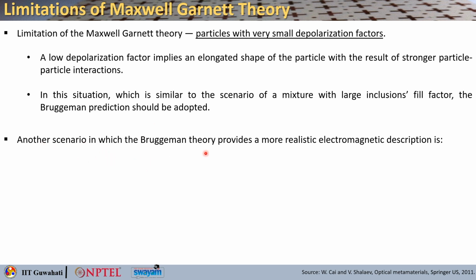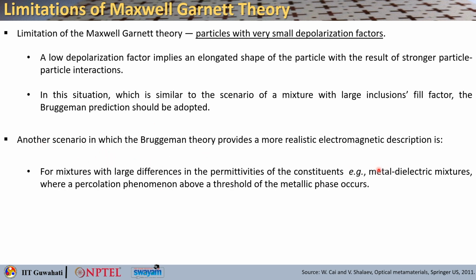Another scenario in which the Bruggeman theory provides a more realistic electromagnetic description is when there are mixtures with large differences in the permittivity of the constituents, something like metal-dielectric mixtures, where you will see that a percolation phenomenon above a threshold of the metallic phase takes place. So, percolation is nothing but movement and filtering of fluids through a porous medium.